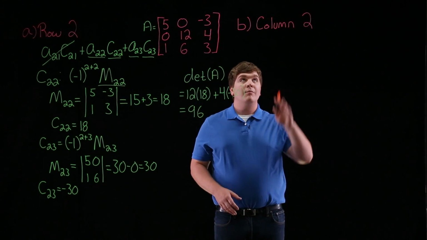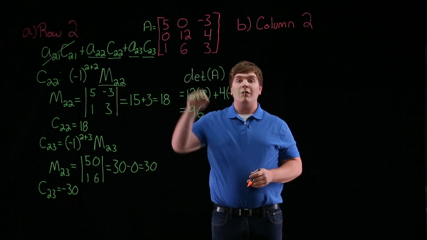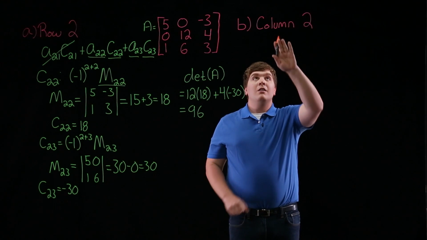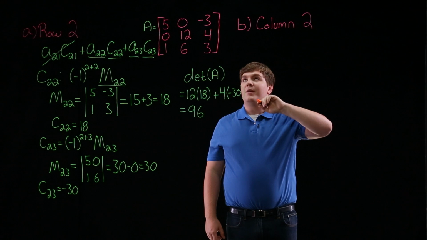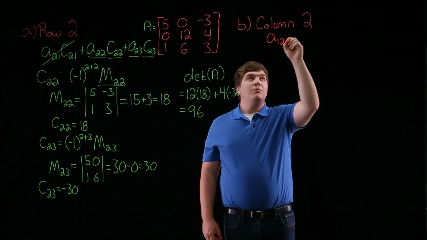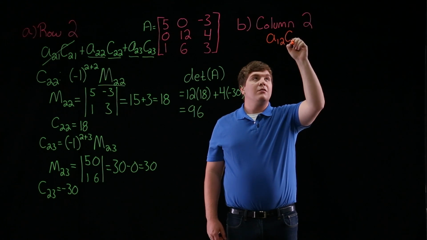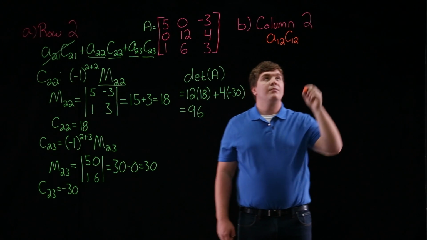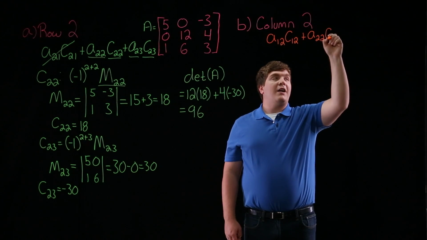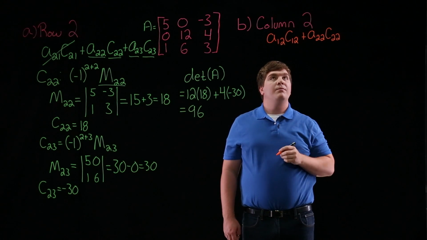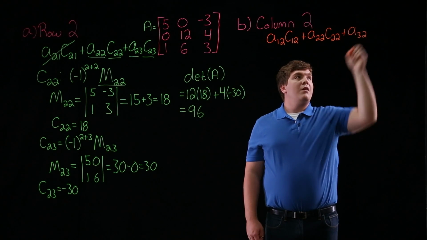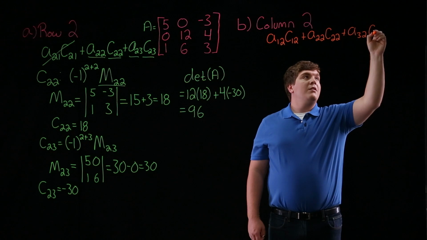Now for part B of this problem, we're asked to expand down the second column. And again, the determinant should be 96. So let's go ahead and write out what the determinant is going to be equal to. Here, it will be A12 times the cofactor C12 plus A22 times the cofactor C22 plus A32 times the cofactor C32.